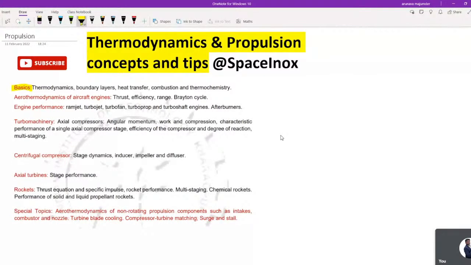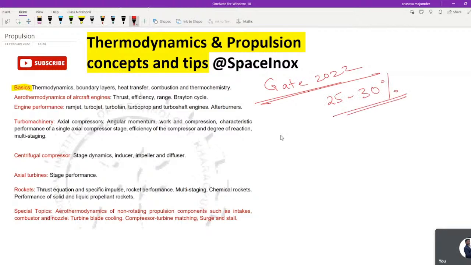Before starting into the syllabus or telling what the concepts are and how to prepare, especially as you have only a few more days left for your final GATE examination, I will tell you what areas you must not skip, and from where you will definitely get a question. As far as GATE 2022 is concerned, out of 100, we can expect 25 to 30% of questions from this.